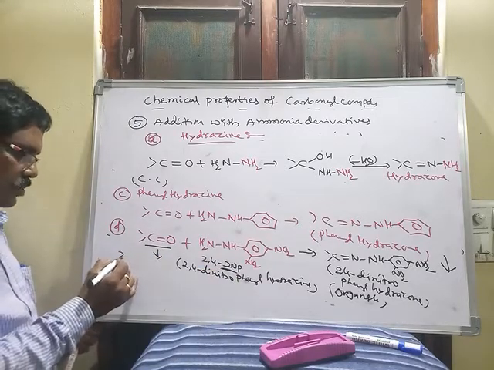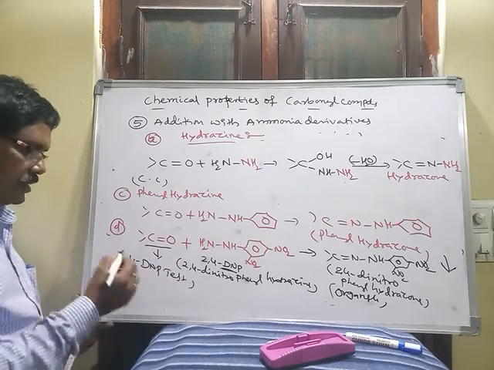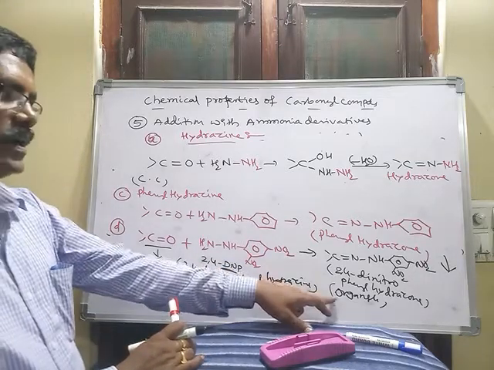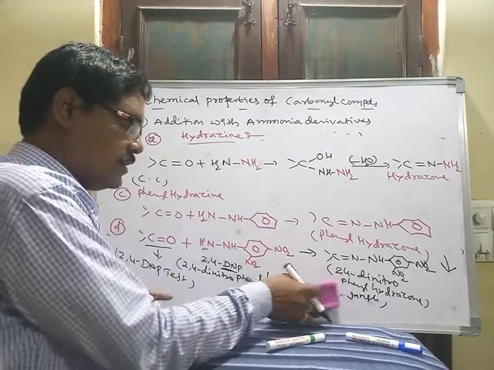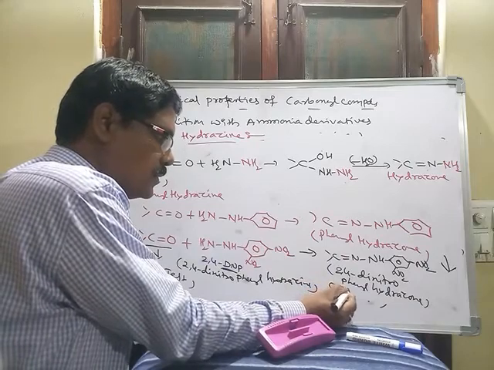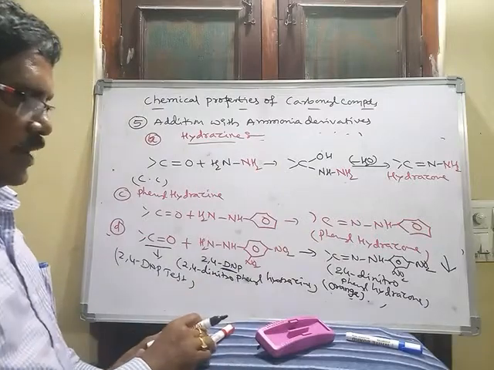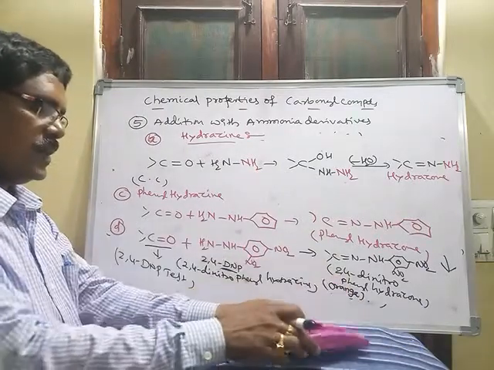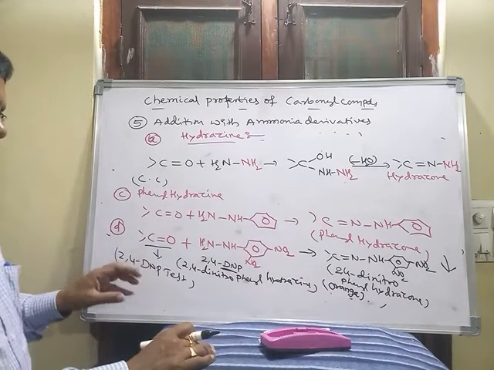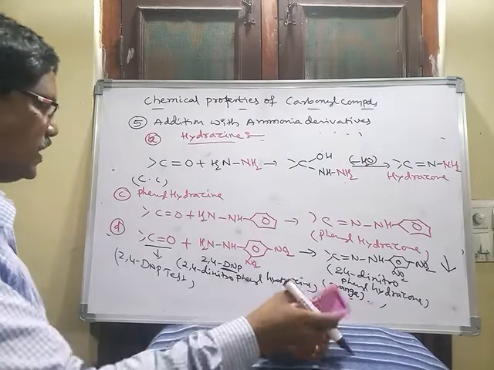It is called the 2,4-DNP test. A carbonyl compound, which may be an aldehyde or ketone, will give an orange or yellow color precipitate. This is the best test for the identification of a carbonyl compound.